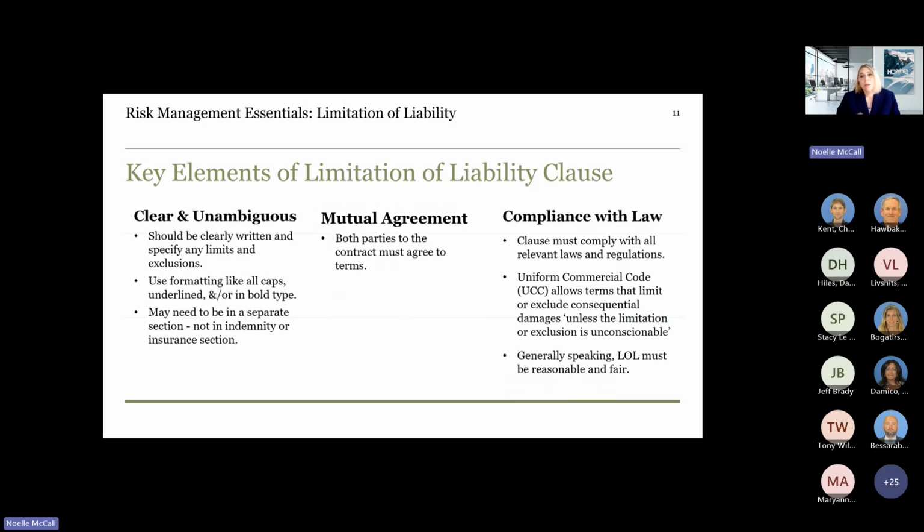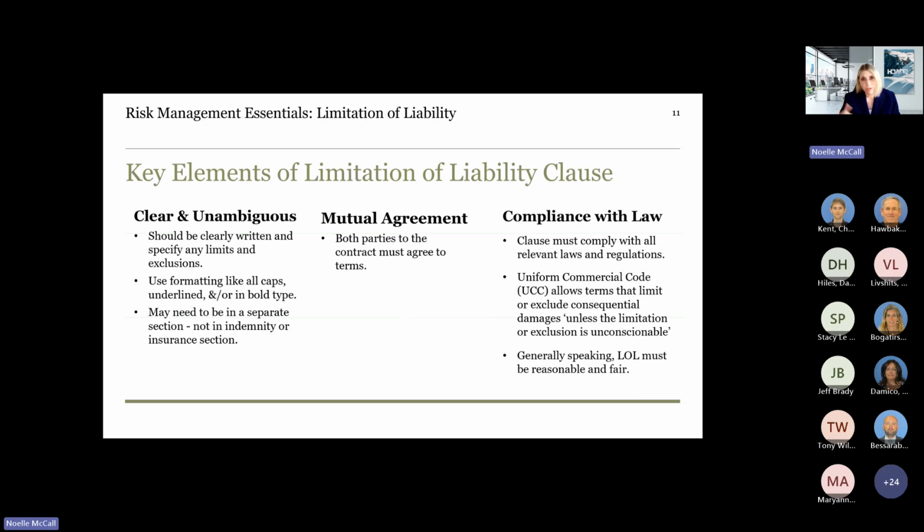Some other elements of limitation of liability clauses include the following. The wording should be clear and unambiguous, so there should be no confusion about what the intent of the wording is. They should be clearly written and specify any limits and exclusions or carve-outs in the clause. Oftentimes, you'll want to do things like change the formatting to make these very apparent and noticeable in the contracts.